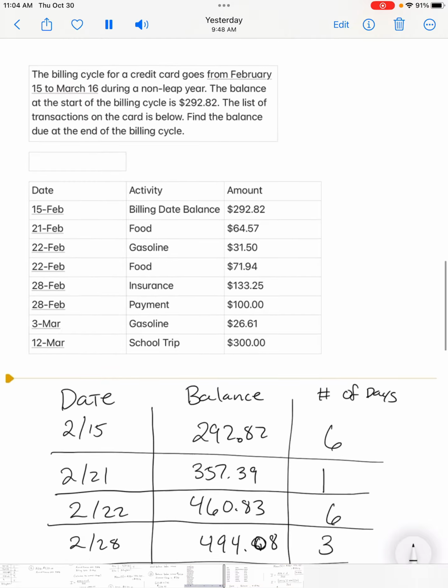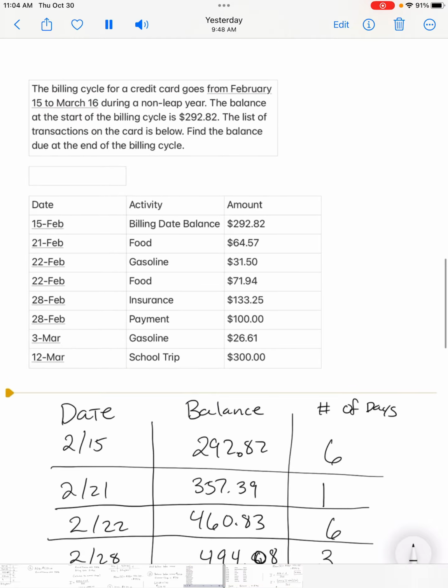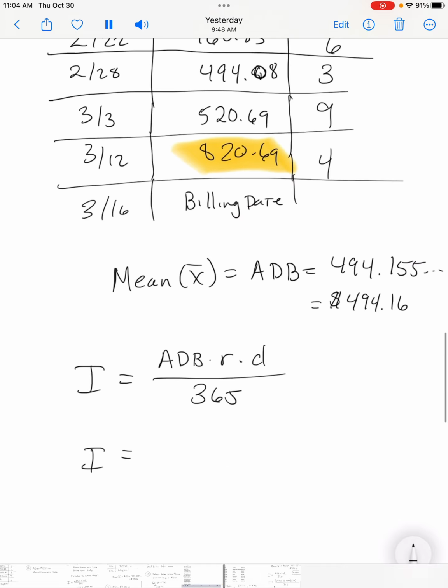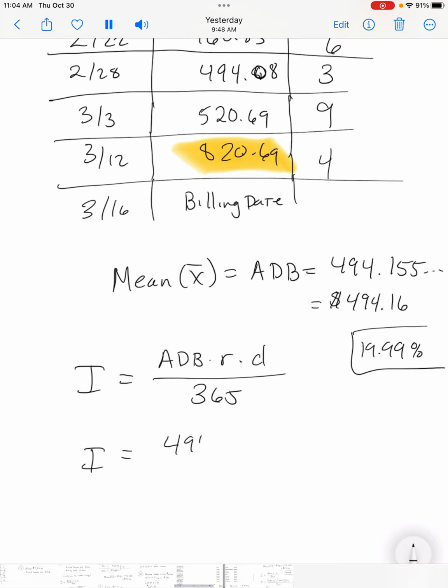Now there's a problem. They didn't tell me the interest rate. So let's assume our interest rate is the 19.99% that we saw on the credit card statement when we started out. They would have to give us that, and they do in the homework. So our average daily balance is $494.16.